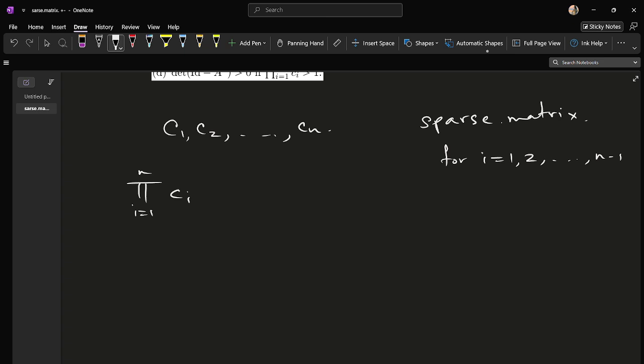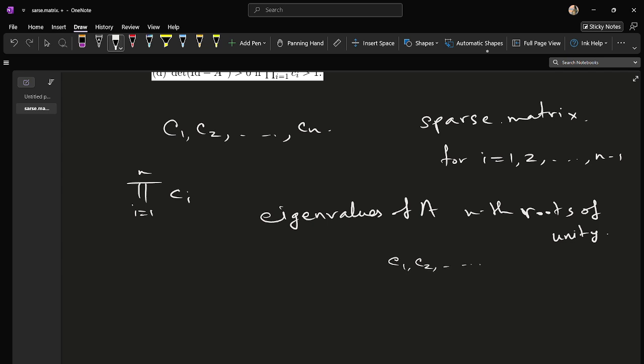So the eigenvalues of A can be expressed in terms of the nth roots of unity scaled by this product c1, c2, ..., cn.